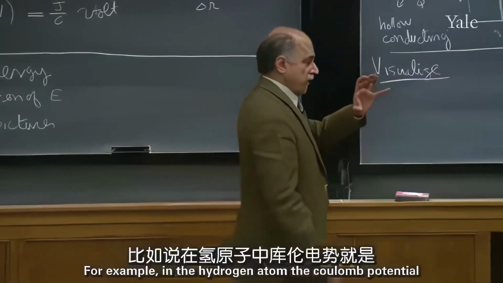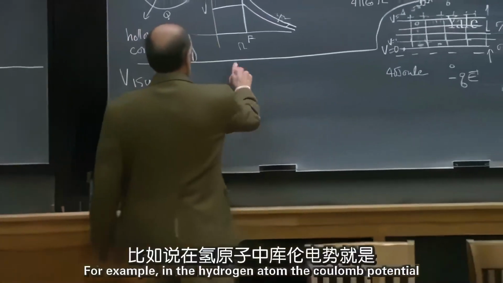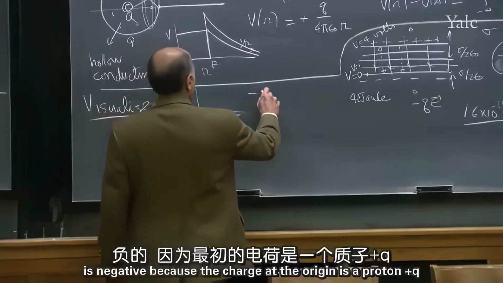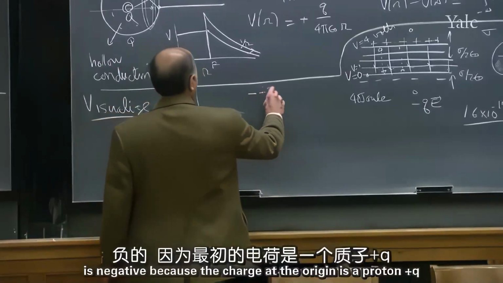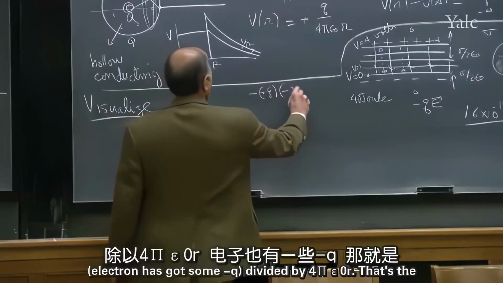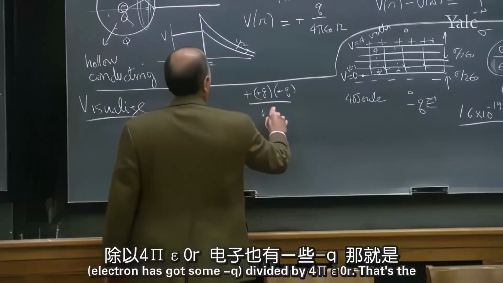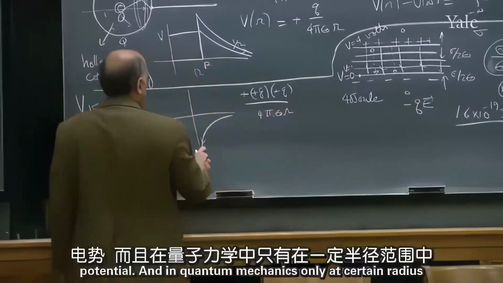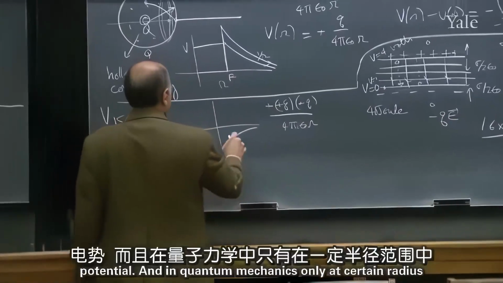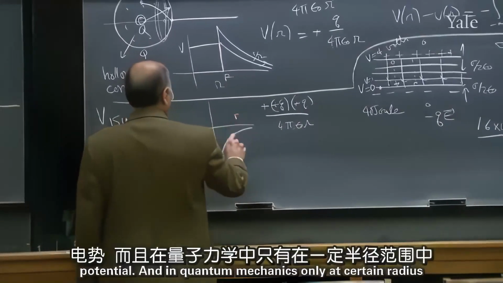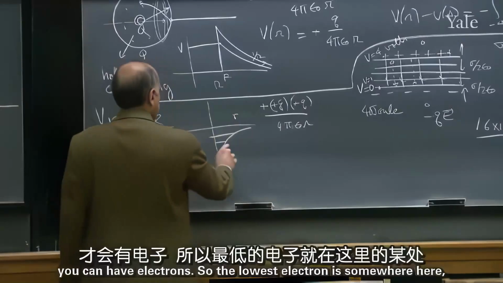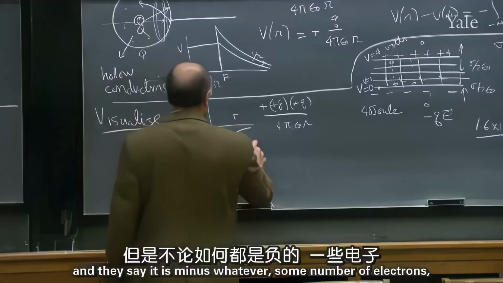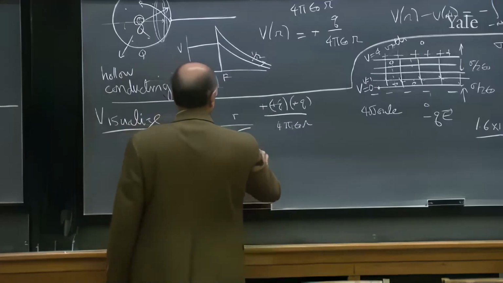For example, in the hydrogen atom, the Coulomb potential is negative because the charge at the origin is a proton, plus Q. Electron has got some minus Q divided by 4 pi epsilon 0 R. That's the potential. And in quantum mechanics, only at certain radius you can have electrons. So the lowest electron is somewhere here, and they say it is minus whatever, some number like 13 point something electron volts.